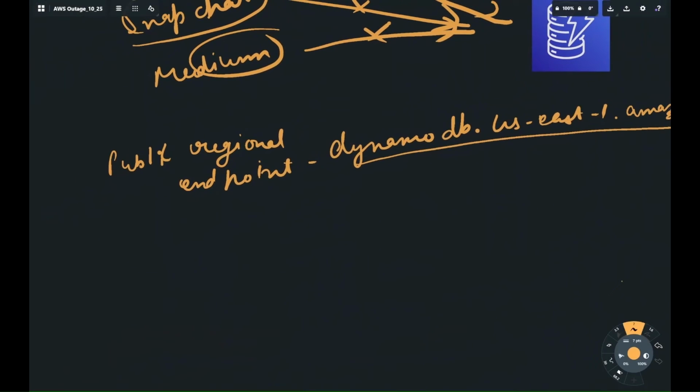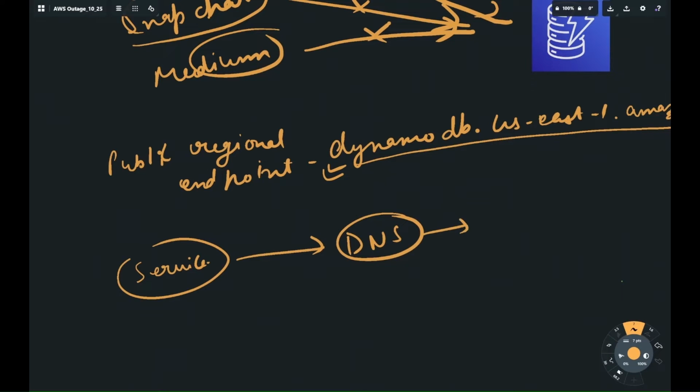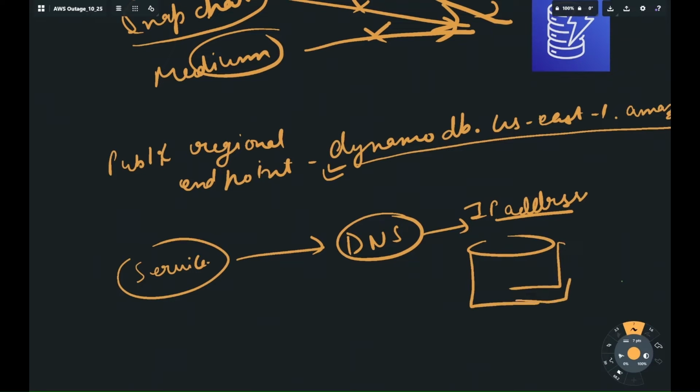Now, how it works is, when the services use this endpoint, the DNS server, so this is our service, they send this endpoint, there is a DNS server, it sits in between, and it converts to an IP address, which is the address of that DynamoDB machine.